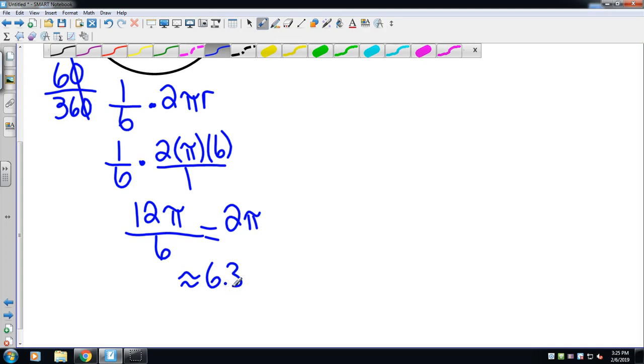And let's say that was, I didn't set this up initially, let's call it feet. So if the entire circumference was divided by 6, or we take 1/6 of it, that actual length would be approximately 6.3 feet. And so that's it. We've got circumference and arc length. That is Chapter 11, Section 1.